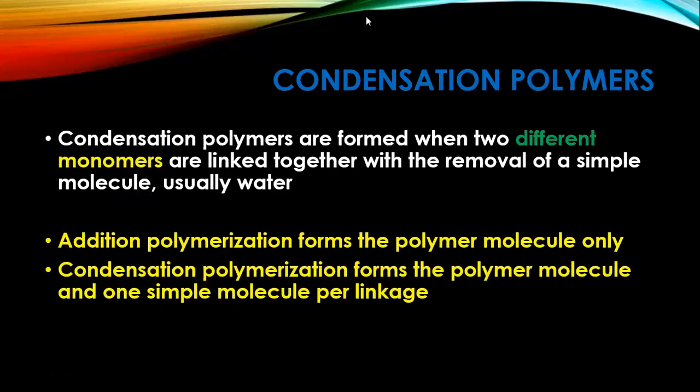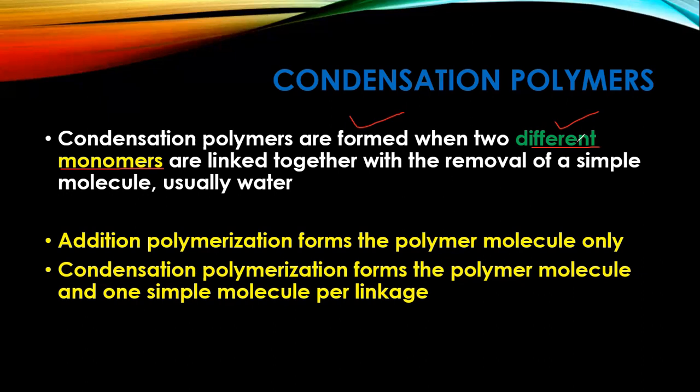Here we are with the condensation polymerization. You know, condensation polymers are formed when two different monomers... This is the most important thing. In addition polymers, we learned the similar monomers, similar unsaturated monomers were linking.